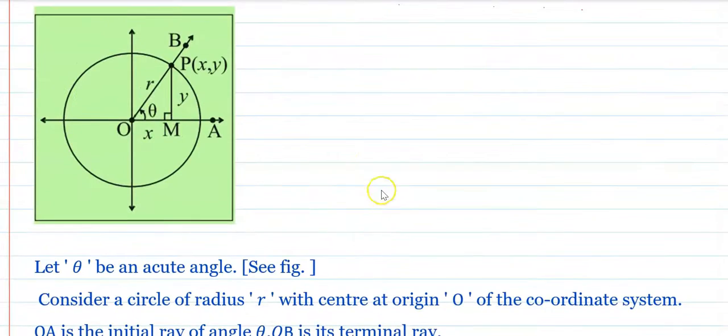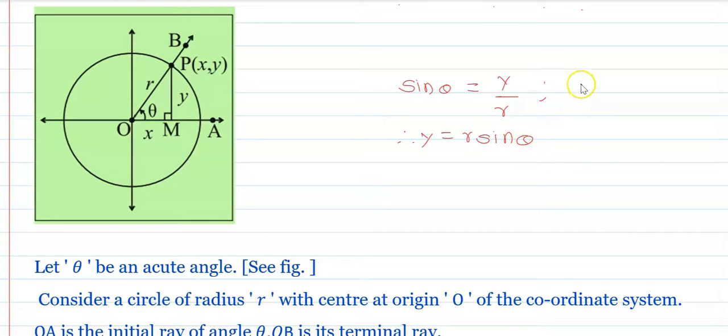Now from this triangle, if we define sin theta is equal to y upon r, therefore y is equal to r sin theta.